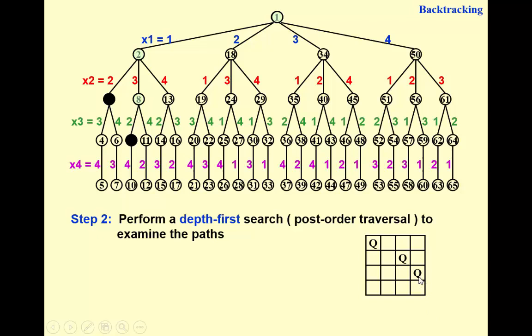Still not working. So cut this branch, undo, and backtrack to this node. And at this moment, we see that this node is dead because we have no other possible ways to go. All right, so backtrack again, which means undo this one and we're back here.